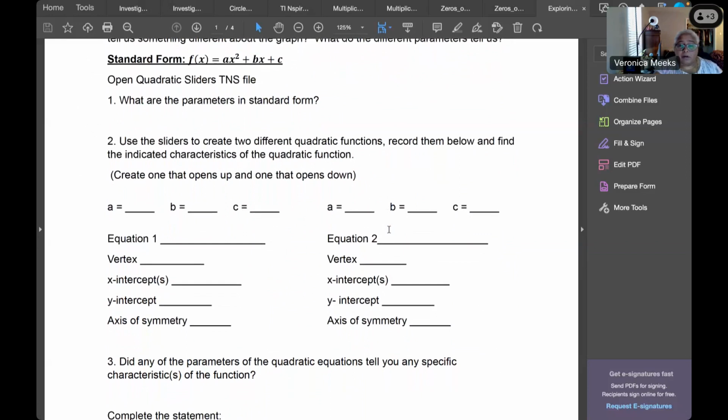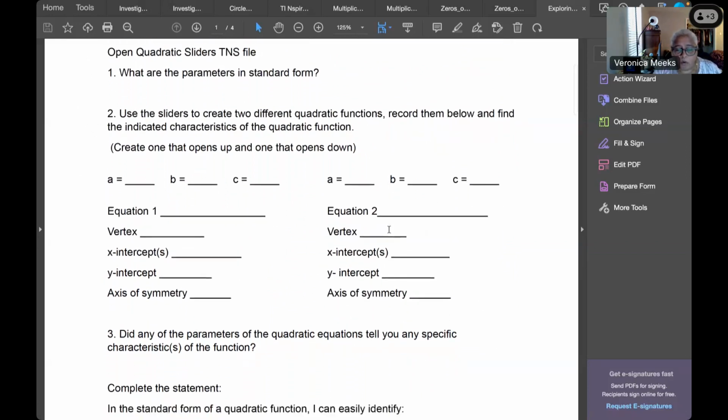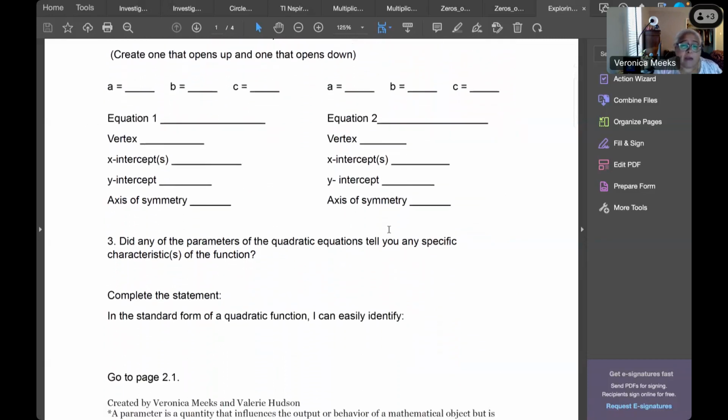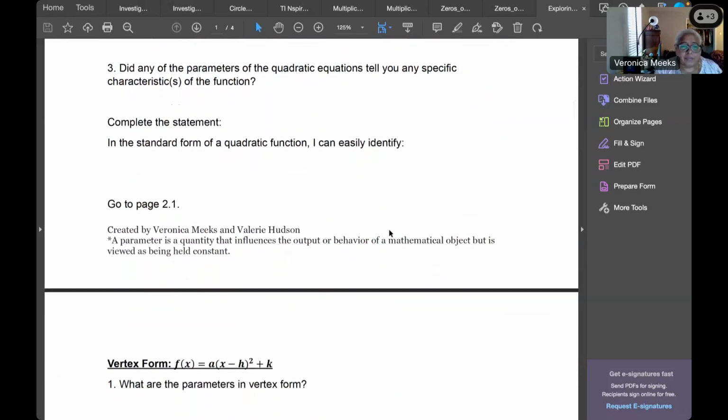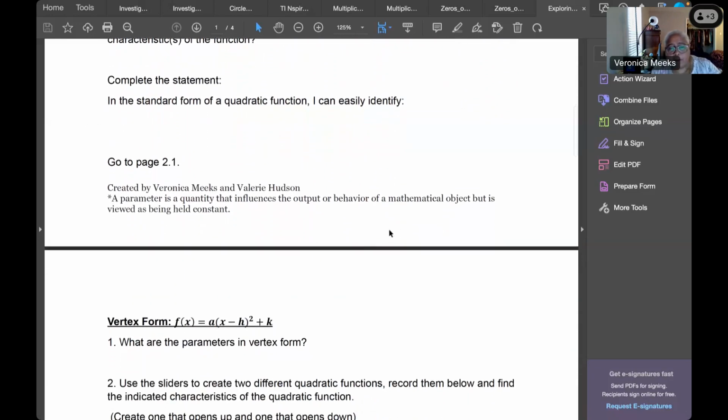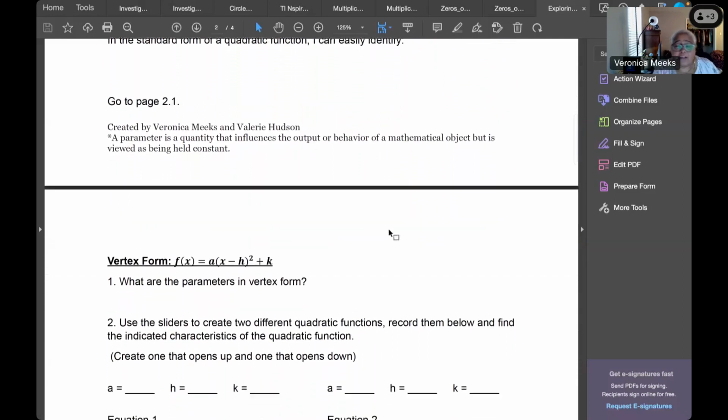So I had them do this no matter what form was given, so that way they can analyze and see which form they have to look at, and then they have to make a conclusion about, in this form, what can I easily find?